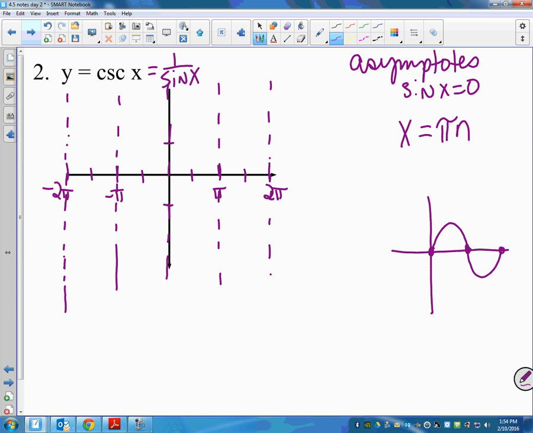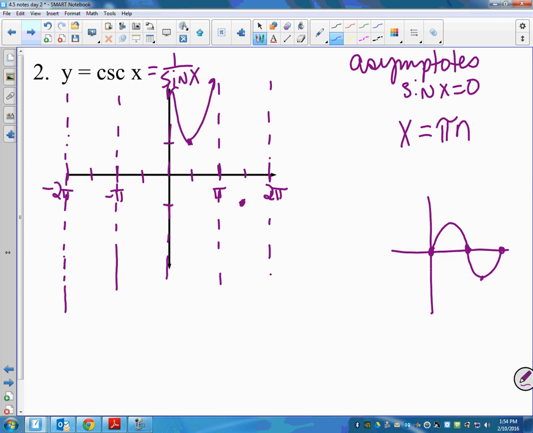So at pi halves, am I still going to get that value of 1? Yes. And then I'm going to flip it up, so it's going to go and I'm going to get all bigger values. At 3 pi halves, I get my lowest point on sine. It's going to go down to negative 1.